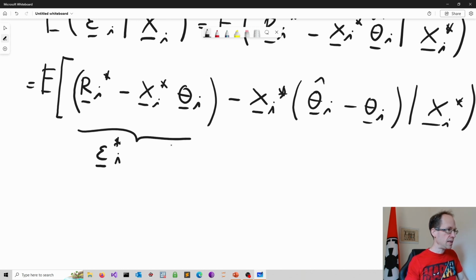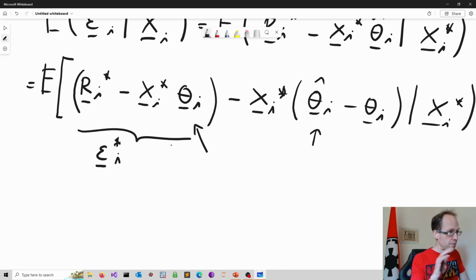That's basically the error term coming from a normal return equation. Now again, notice that the theta in this case is the true parameter vector. So that's not the OLS estimate. The estimate is the one here with a little hat.